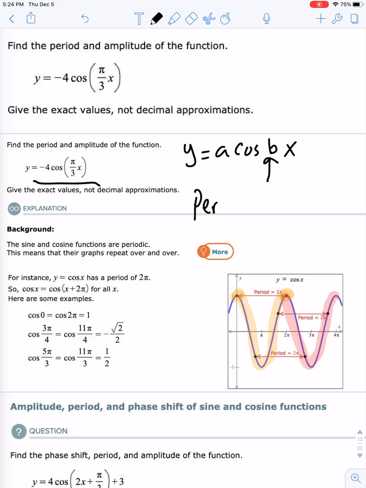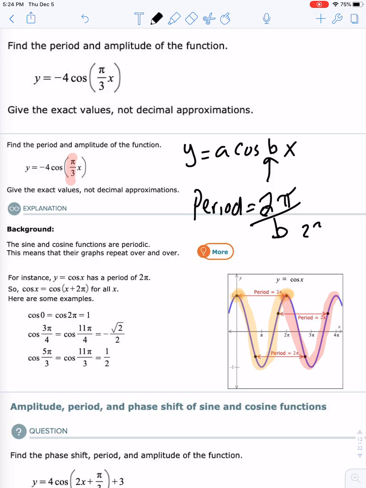Your period is equal to 2 pi divided by b. In this particular problem, b is pi over 3. It's not pi over 3x, it's just pi over 3. That is not your period; that helps you to determine your period.